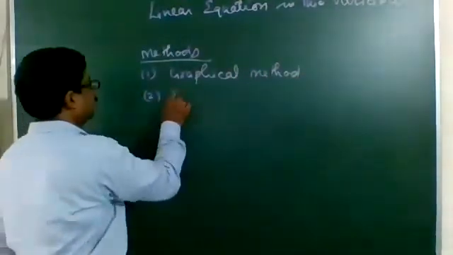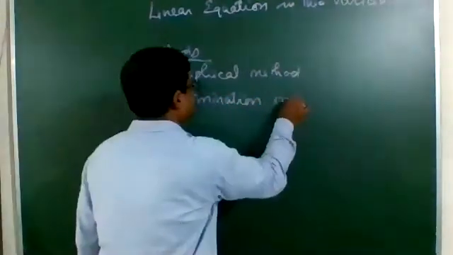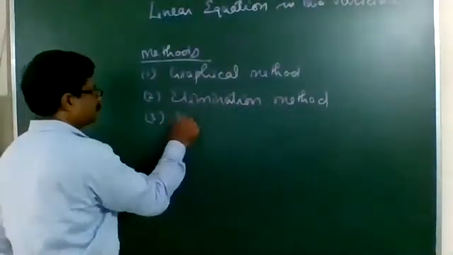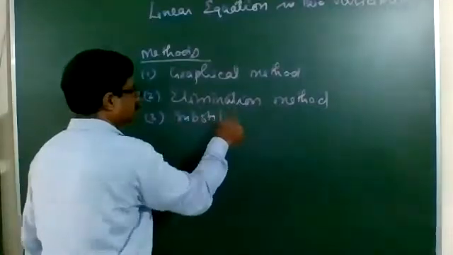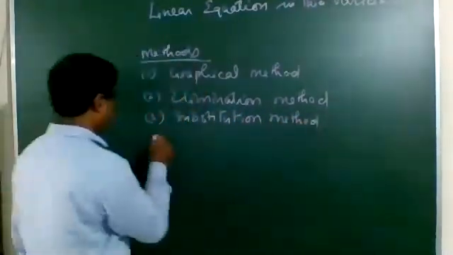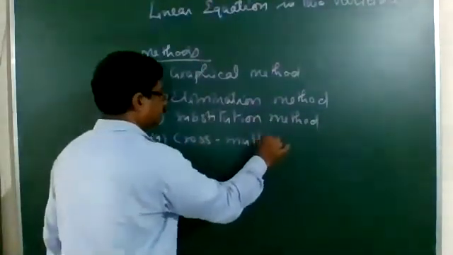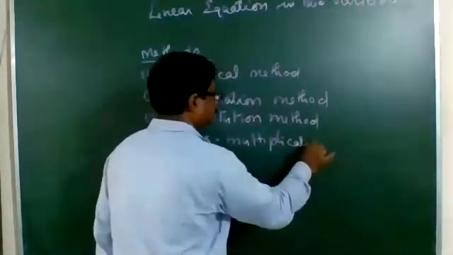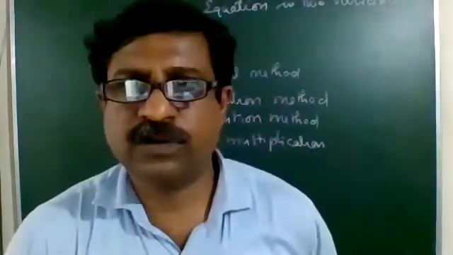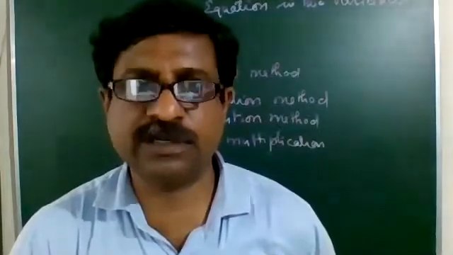Second is the elimination method. Third is the substitution method. And fourth is the cross multiplication method. These are the four different methods to solve linear equations in two variables.